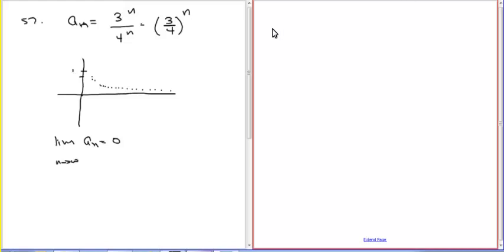Okay, the next problem is 61. So we have that a sub n is equal to n minus 1 over n minus n over n minus 1 for n greater than or equal to 2. So our sequence in this case starts at 2 and goes greater than that.